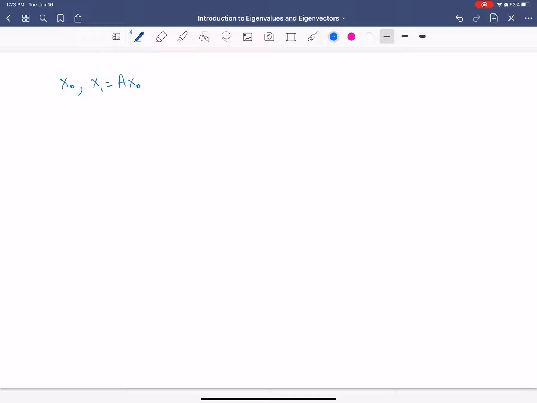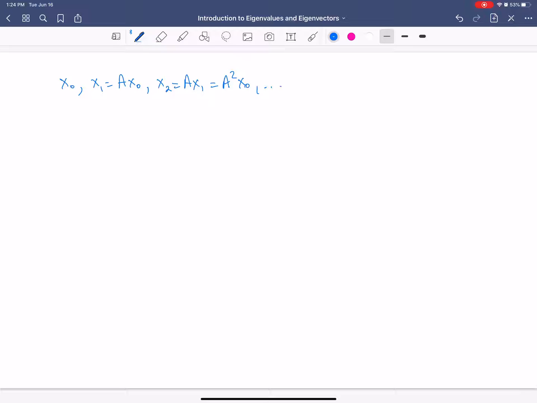Then let's say we apply the change represented by A yet again. We're going to get a vector x2, which is now A times x1. But if you use the fact that x1 is A times x0, you get that x2 is actually A squared times x0, and so on. So we're looking at this sequence of vectors that represent some kind of state that has changed from the beginning.